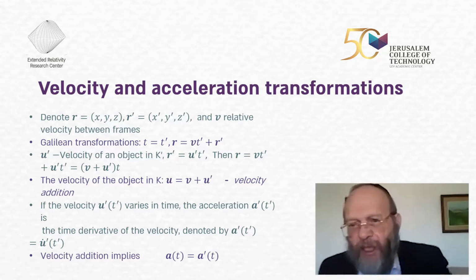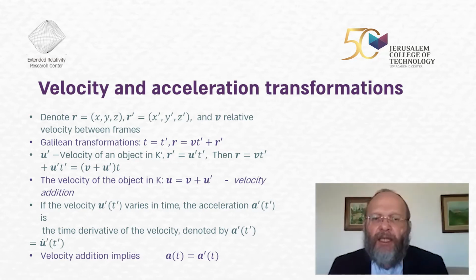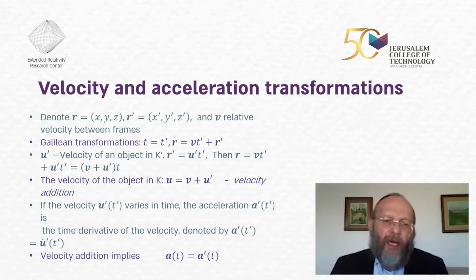That means the acceleration in any two inertial frames is the same. That's a big difference. The velocity changes, the position changes, but the acceleration is the same. So we want a theory which should be invariant under the Galilean transformation. It should depend on a. And that's really what happens.